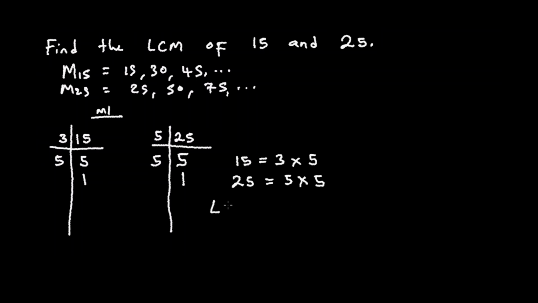The lowest common multiple of 25 and 15: we start by taking 3 and write 3 down, then times. Then we come to 5, but in the list of 15 there is a 5, and in the list of 25 there is a 5. So this is common.